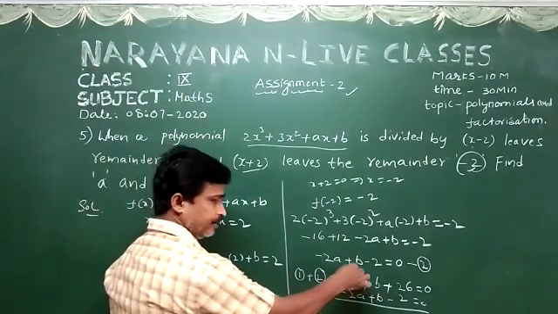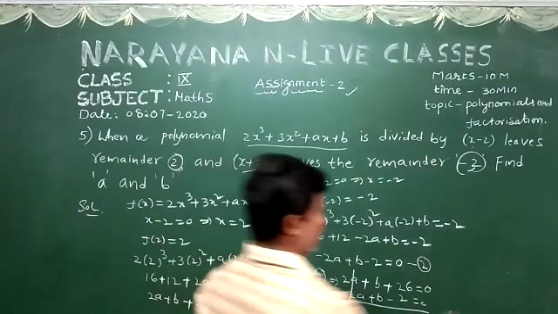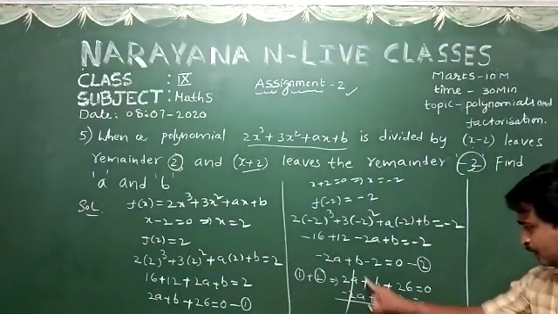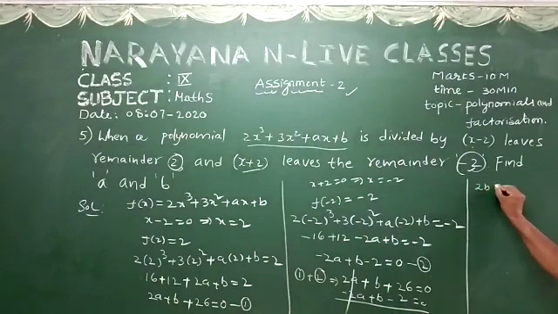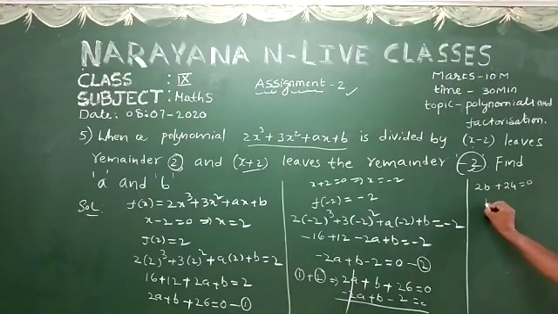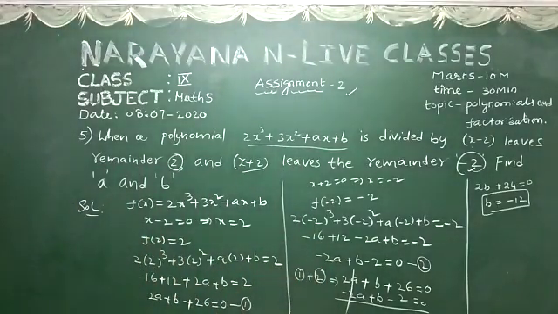Here these two get cancelled. So I write here these two get cancelled. b plus b, 2b. Here 26 minus 2, that is equal to plus 24 equal to 0. By using this, b is equal to minus 12.